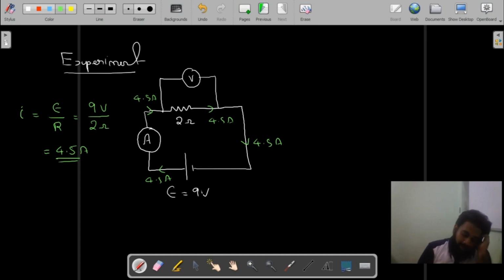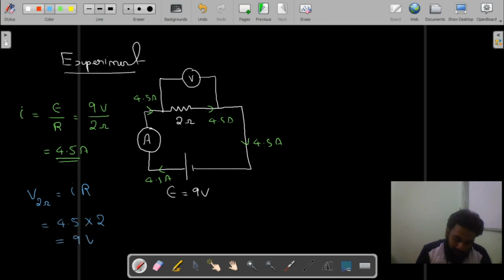Now what is the voltage across this 2 ohm? 4.5 ampere is flowing across 2 ohm, so the voltage across 2 ohm is IR. 4.5 into resistance 2, we will be getting 9 volt. So 9 volt drop must be there across the 2 ohm.